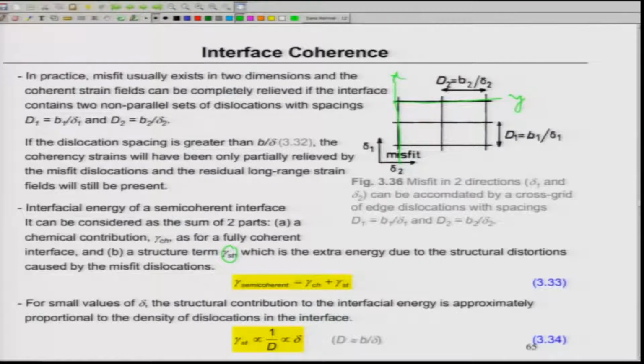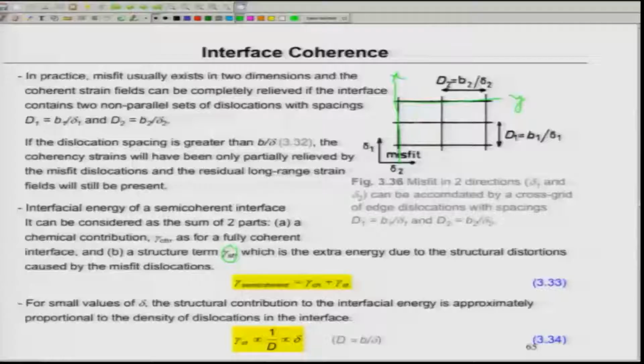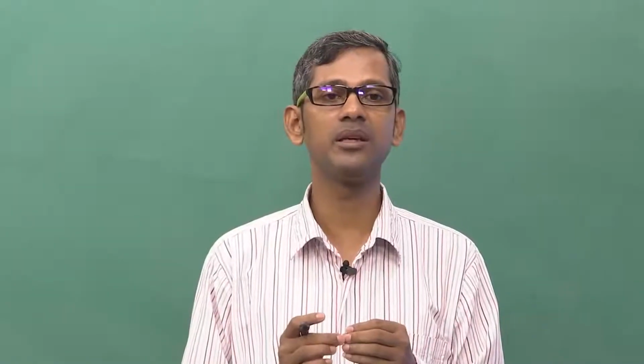Therefore, I have written here that gamma st is proportional to 1 by d, where d is the distance between two dislocations, and so it is proportional to delta, because d is equal to b by delta. So, the more the distortion, the more the structural part. That is clear, because delta is the misfit. The greater the difference between the interplanar spacings of alpha and beta, the more dislocations are required.